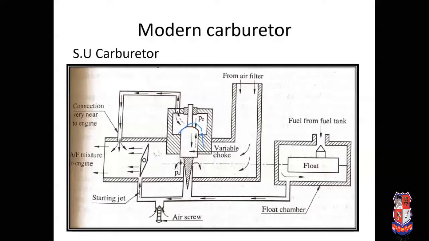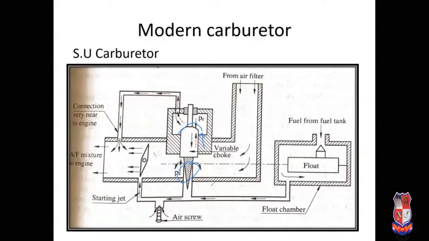So this passage will now open and more fuel will be supplied. So at higher speed we get a rich mixture. That is how we get the rich mixture as the speed of the engine increases.